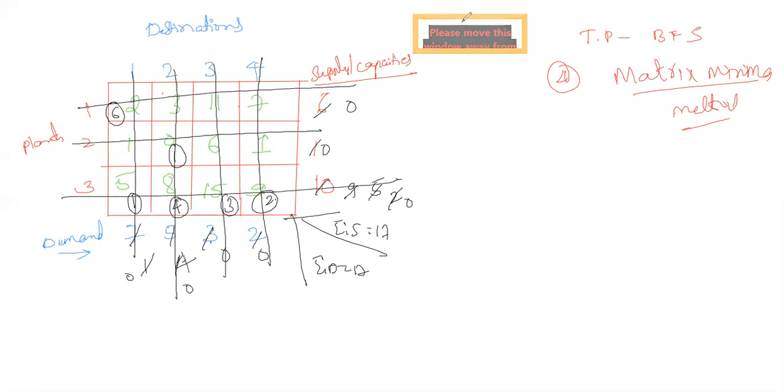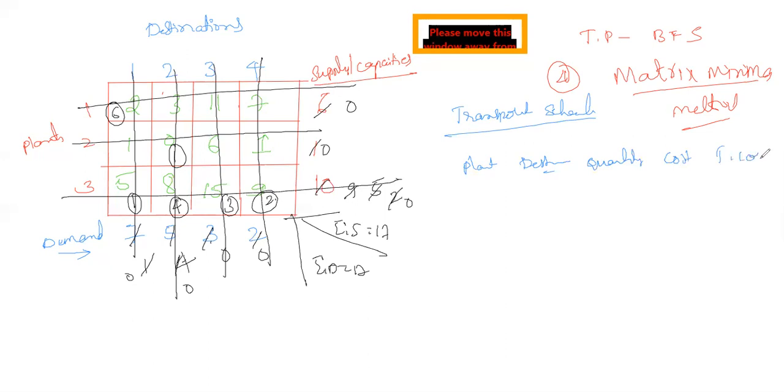Okay. So again you need to draw the table. That is called the transportation schedule. From the different plants to destinations, that is the quantity, the cost and the total cost.